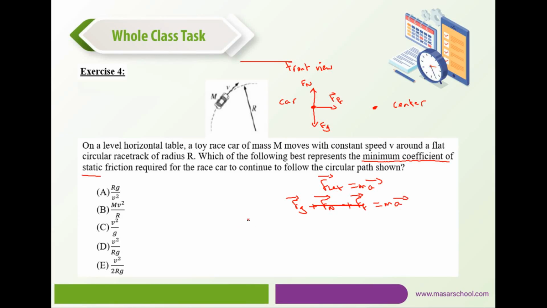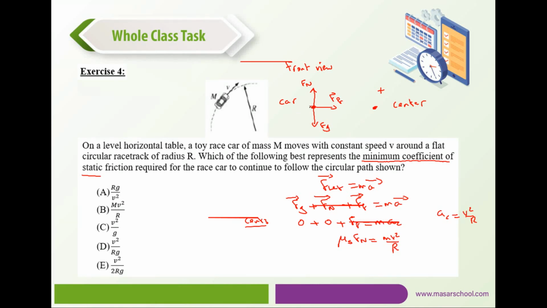And now we're going to project along the centripetal direction. The pull of gravity would be 0, normal push would be 0. The centripetal direction is the positive, so that would be Ff is m a centripetal. We know that a centripetal is v square over r. Then that would be mu s Fn is mv square over r.